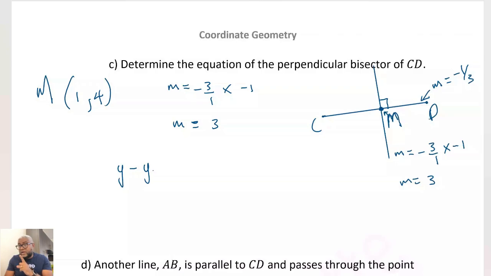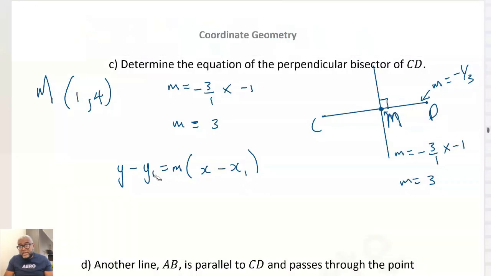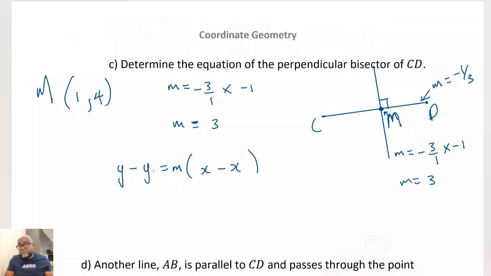Always write your formula, because these things will stick in your head. Y minus y1 is equal to m, open brackets, x subtract x1, close brackets. You have to put a little 1 there, Taylor. If you don't put that 1, it becomes y minus y and x minus x, which is wrong. Put this little 1 here.